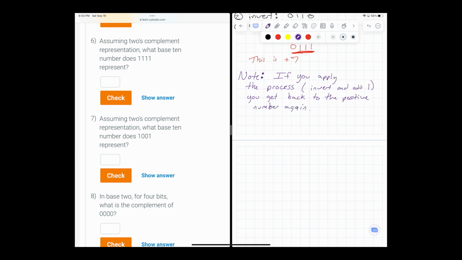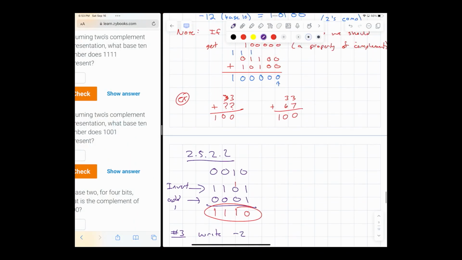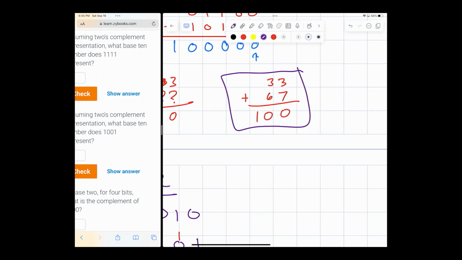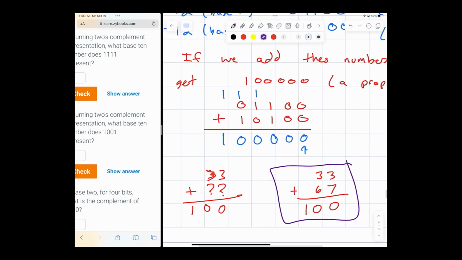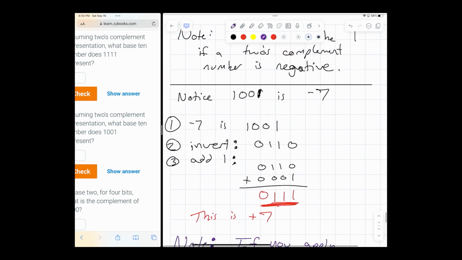And the reason that works that way is, if you think about it, going back up, let's look at the one where we did decimal numbers, like right here. It's not just that the complement of 33 is 67. That would also mean that the complement of 67 is 33, right? Because when you look for the complement, you're looking for the number that you add and it gets you to a specific thing. So really, a number and the two's complement version of that number are complements of each other, is how I should say it.